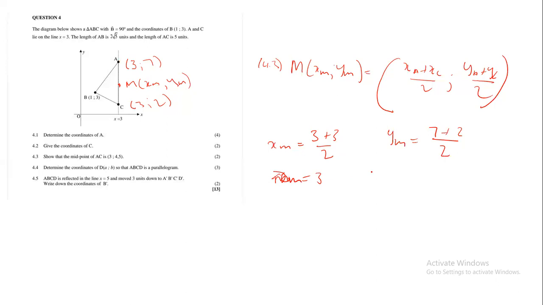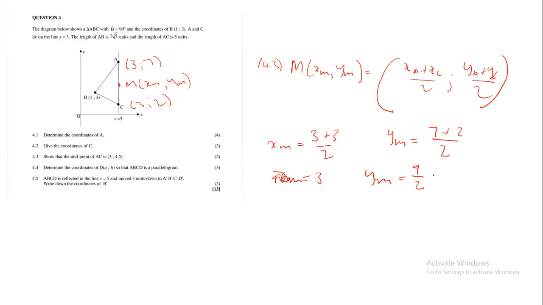And what is Y of M? We're going to say 7 plus 2 in this case, which is 9. 7, 8, 9, right? Yes, it's 9. So 9 divided by 2. That means here we're going to have 9 divided by 2. But they wanted us to show that the midpoint of AC is equal to that.